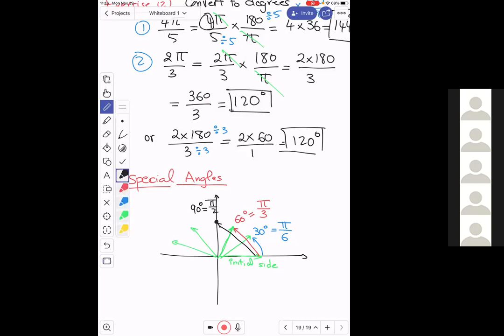Then this angle right here, that's, let's say, 120 degrees, and then you have 150 degrees, and then this one here, that will be 180, right, etc. For example, 120 degrees, that's 2 pi over 3, etc. Anyway, so that's how we convert angles to degrees, degrees to angles.